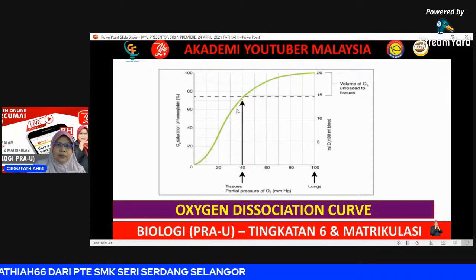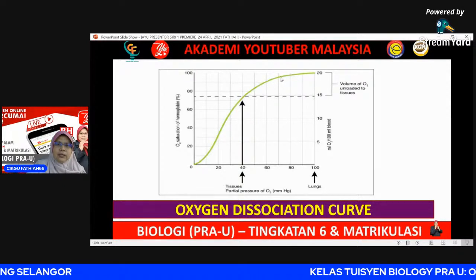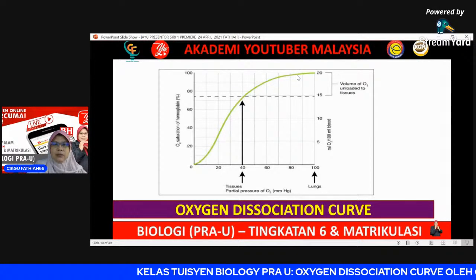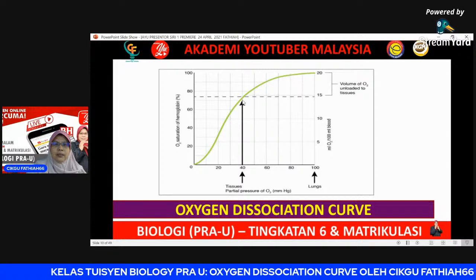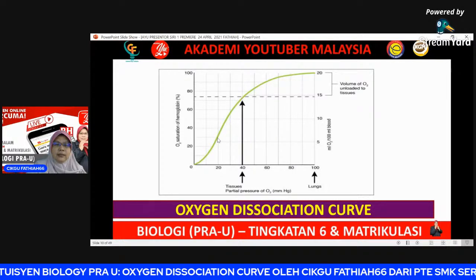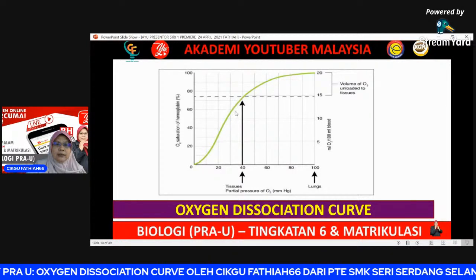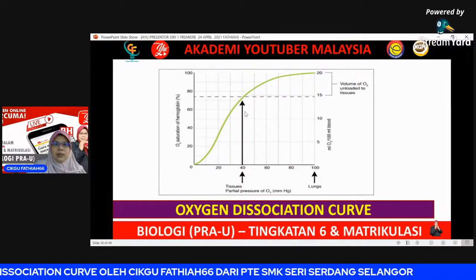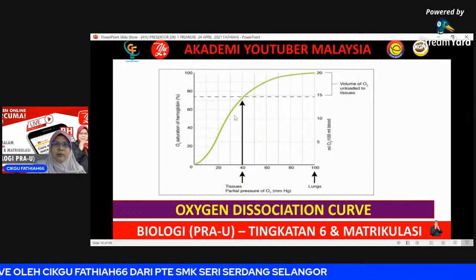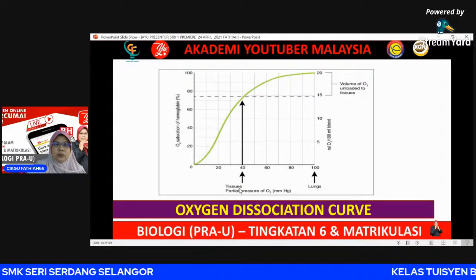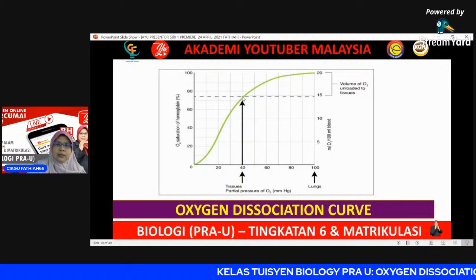Then at this area, this one is the loading area. Loading means oxygen will combine or associate with hemoglobin. This steep area is the unloading area. Unloading means oxyhemoglobin will dissociate to form hemoglobin and oxygen, because at the tissue there is a need for more oxygen, so oxygen will be released to the tissue.